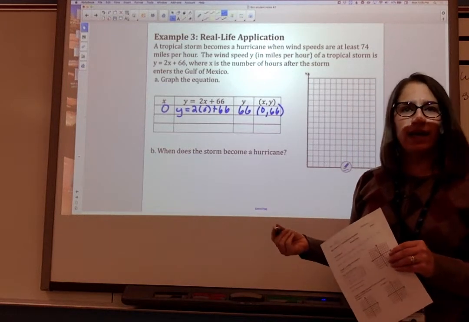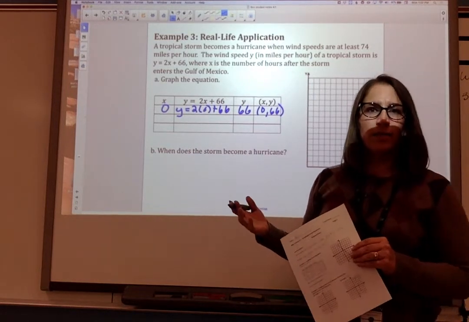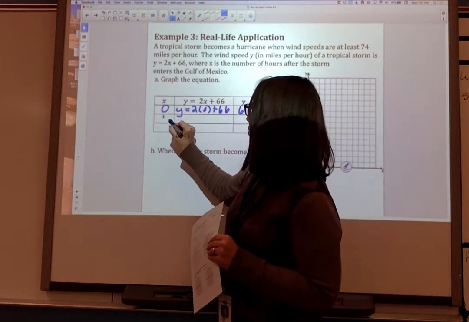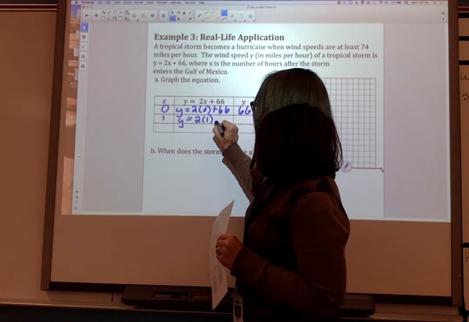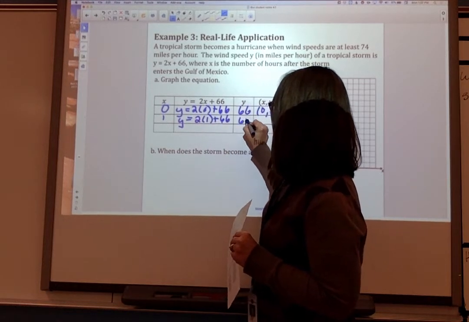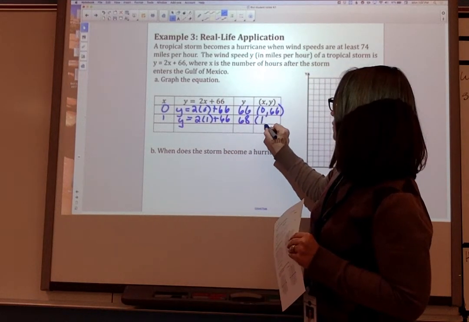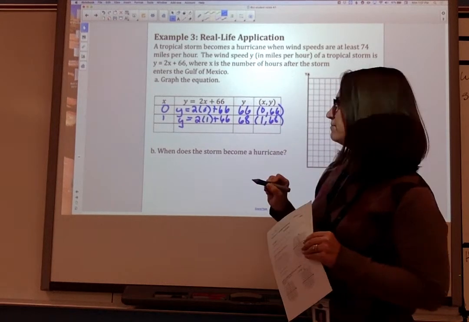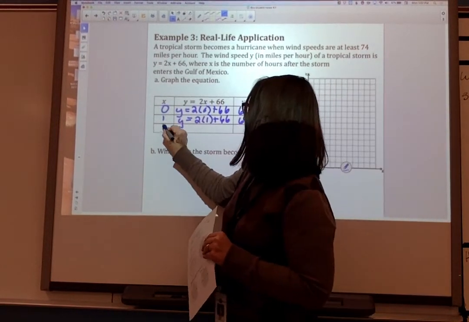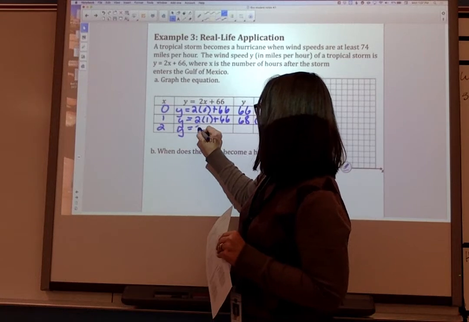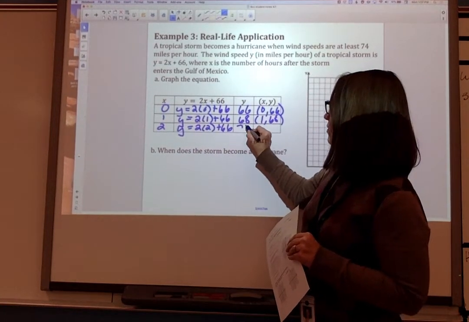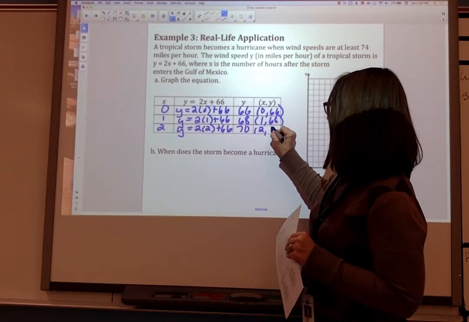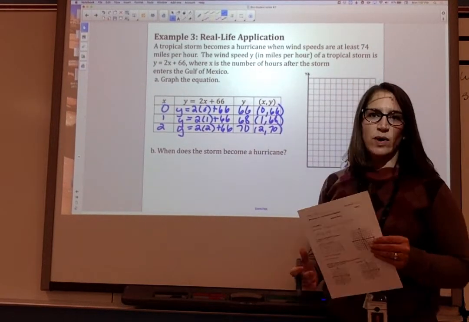We can say if x is 1, so that's 1 hour after the storm comes in, then y would be 2 times 1 plus 66, or 68. So we have the point 1, 68. And let's go ahead and use 2 also. So y equals 2 times 2 plus 66. That would be 70. So we have the point 2, 70 as well.